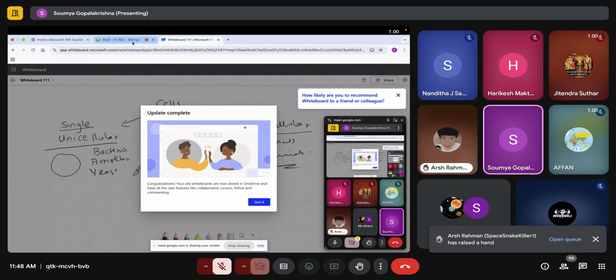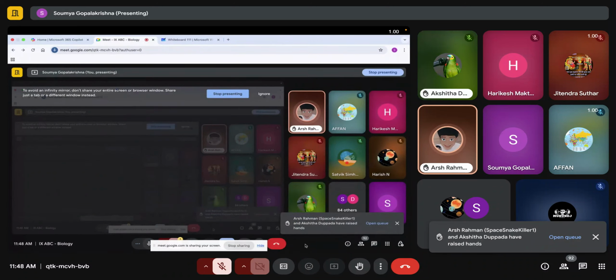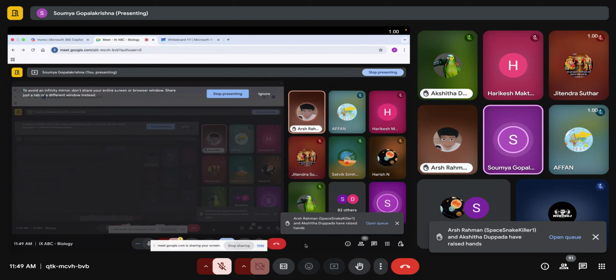Ma'am, as you said at the start of the class, all cells are small but may differ in number. Like you gave the example of a rat cell and an elephant cell.